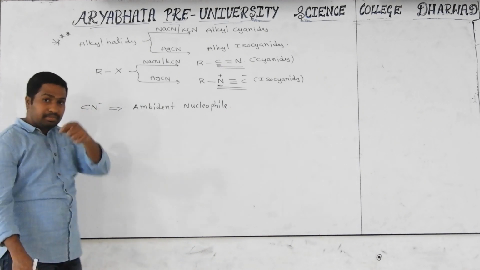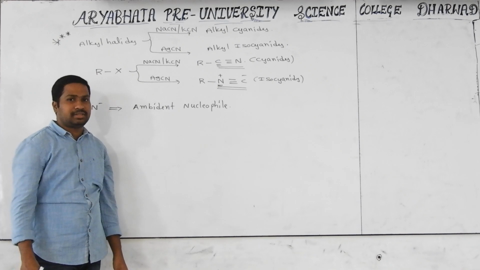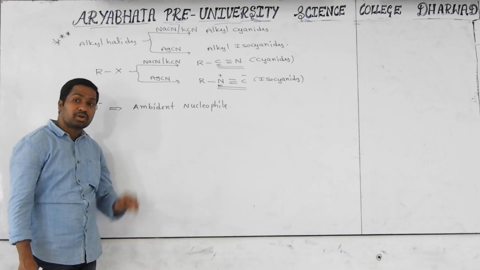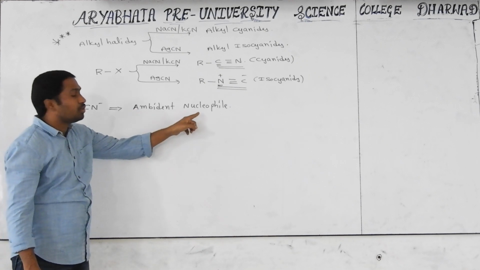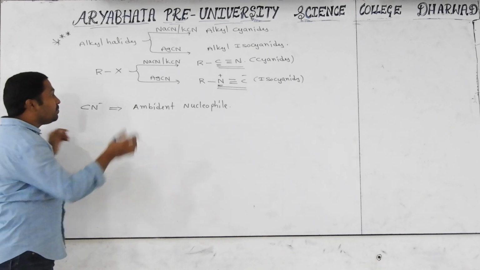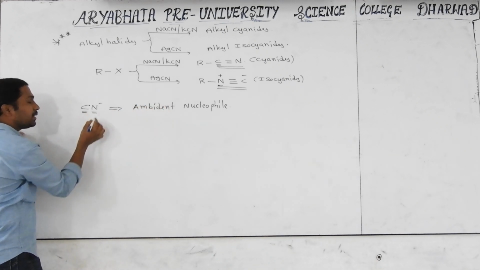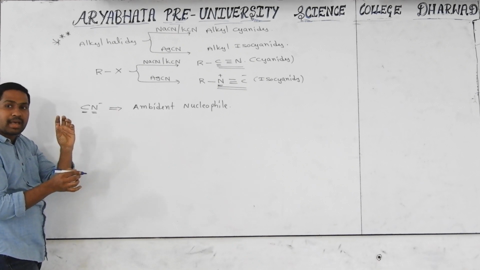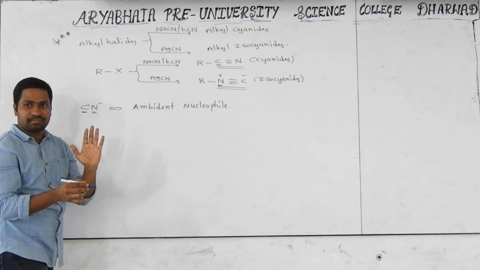While discussing basic concepts, we used one word, ambident. Ambident means more than one. Here, ambident nucleophile: in this nucleophile, more than one atom has the capacity to be involved in connection with further atoms.